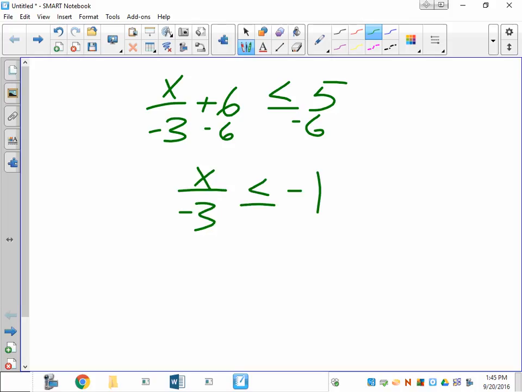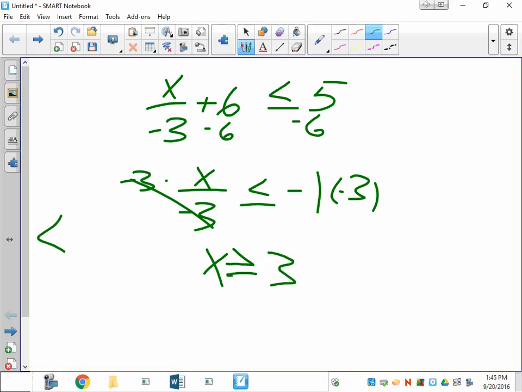Now what? What's holding the x and the -3 together? Divide, so we need to multiply. And remember the rule, if you multiply or divide by a negative, we get x is less than or equal to, nope, I said it, but I didn't do it. Now it's greater than or equal to 3.